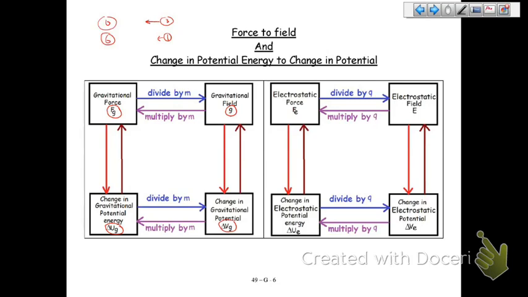Agreed? So, to go from the gravitational force to the gravitational field, I just divide by that little mass. Not the big mass, the little mass, rather than get the answer and divide it by 3, in this case. So to go from force to field, divide by the little mass.